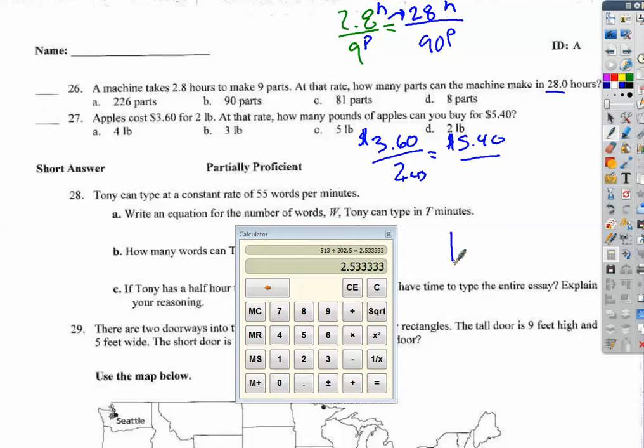So that means I get 1 pound for $1.80. And as luck would have it, $1.80 goes into $5.40 exactly 3 times. So it's 3 pounds of apples. And so there you have all of the multiple guess questions on the unit review packet.